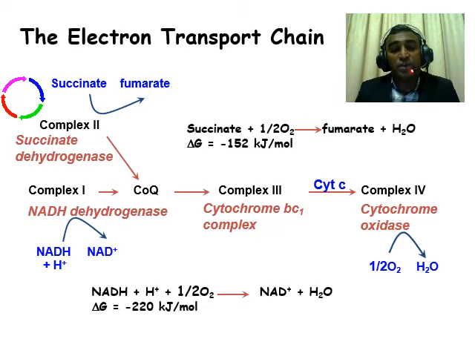It can be started off with explaining about NADH losing its high energy electron, or it can also be started by explaining about the release of FADH2 once succinate is converted to fumarate. That is one of the steps of the citric acid cycle, which is directly connected with complex 2 based on succinate dehydrogenase. So you have NADH release of high energy electron.